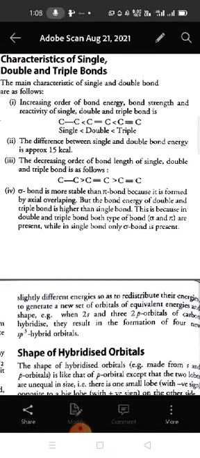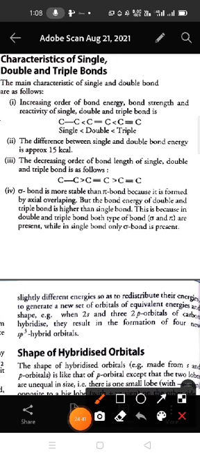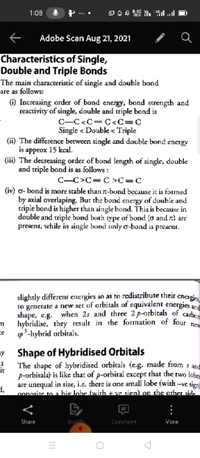Now the decreasing order of bond length of single, double and triple bond. The bond length of a single bond is highest, the double bond has lesser bond length, and the triple bond has the shortest bond length.